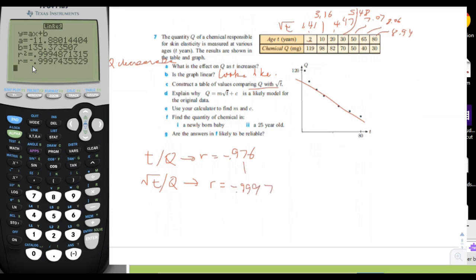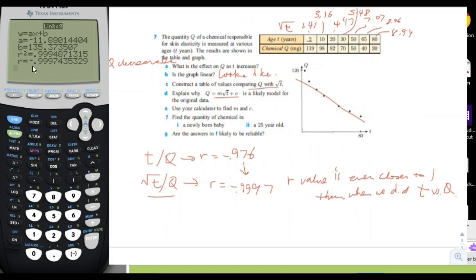You see how R is even better than before. So the reason we think that square root of T and Q are the linear relationship, and not T and Q, is because the R value is even closer to 1 than when we did T versus Q. Okay? Alright, so that's D.